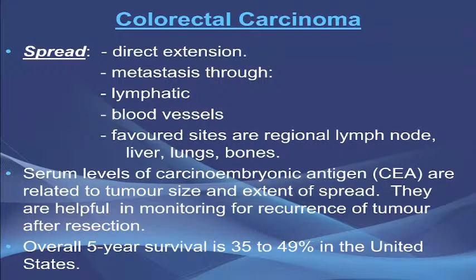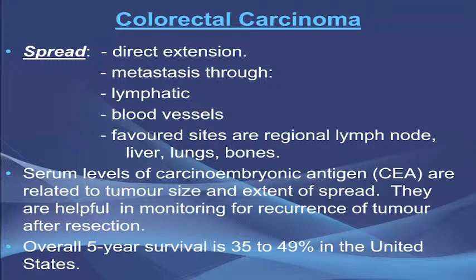So it's a good measure of burden of disease, and it is also useful in monitoring recurrence of a tumor after resection. It's not a good tumor marker because it is also raised in inflammatory bowel disease, so you can't use it for diagnosis. But if there is tumor and you measure it, the higher the amount of carcinoembryonic antigen, the more it relates to tumor burden.